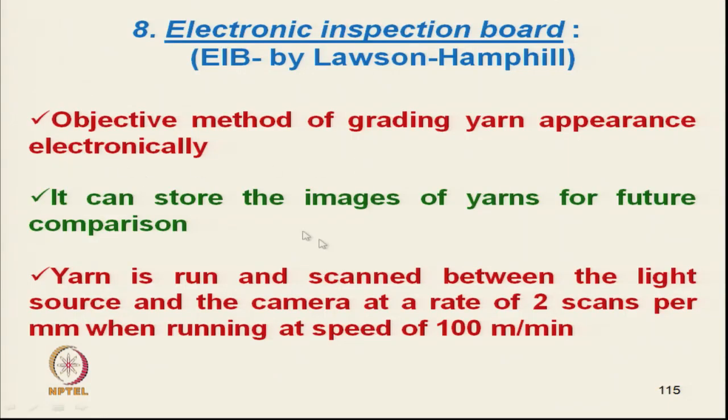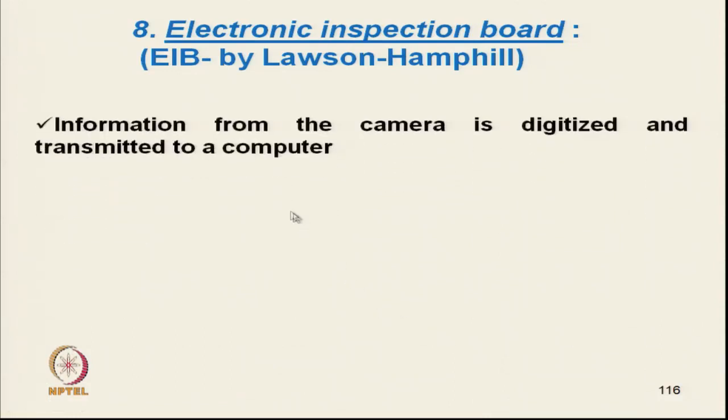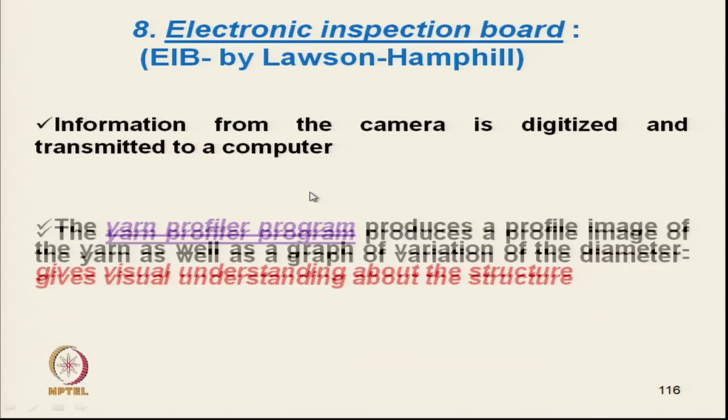The yarn is run and scanned between the light source and the camera at a rate of 2 scans per millimeter when running at a speed of 100 meters per minute. Information from the camera is digitized and transmitted to the computer.